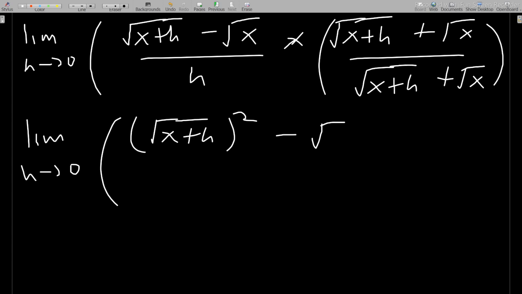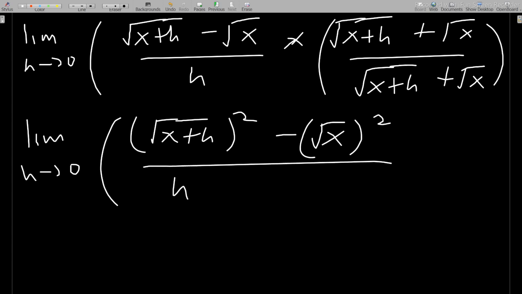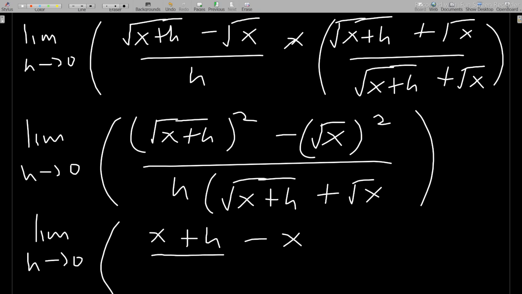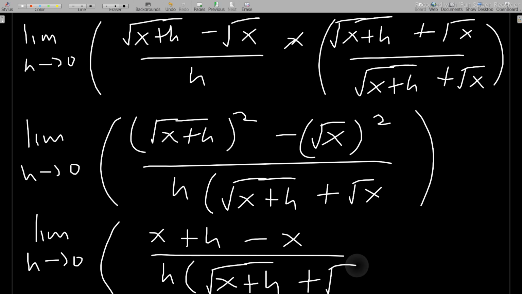But if you can see the difference of two squares I'm doing here, that is also okay with you, okay. So h multiplying the square root of x plus h plus the square root of x, and now this will give me the limit as h approaches 0 of x plus h minus x over h times the square root of x plus h plus the square root of x.